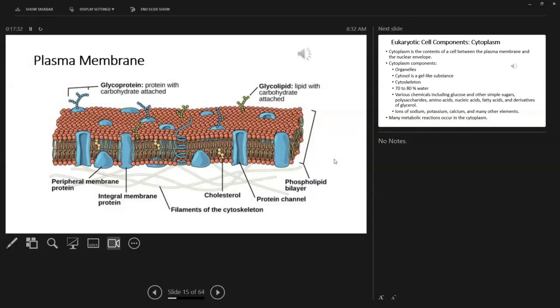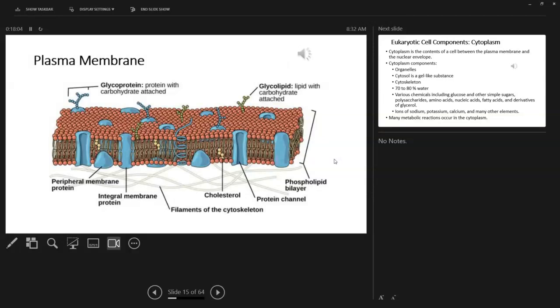And the tails are nonpolar, hydrophobic, so they don't like to be in contact with water. So they arrange themselves with the tails toward each other and the heads in contact with the water, because the inside of the cell is watery, and the outside of the cell, like a cell of your body, is surrounded by watery tissue fluid.